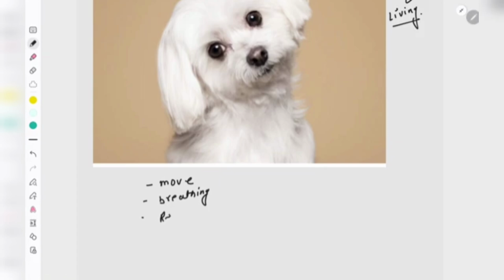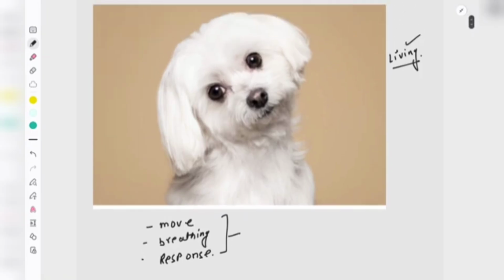There are so many other factors on which we can say that these organisms are living. Makes sense? There are other parameters as well, and whether they are applicable to all the organisms or not, this is something you are going to study in your higher class, that is in your 11th standard.